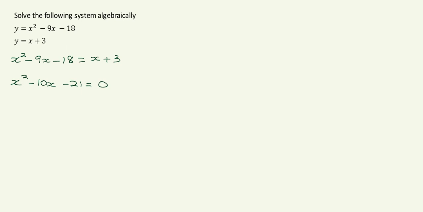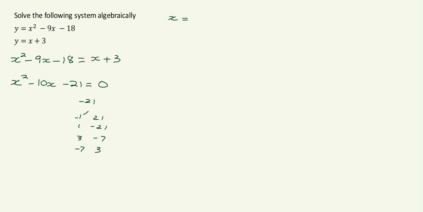So here we're going to try to factor this, but before we factor it, let's look at the factors of negative 21. We have 1 and negative 21, negative 1 and 21, 3 and negative 7, negative 7 and 3. So we have a situation here where we cannot directly factor this. So we're going to use the quadratic formula.